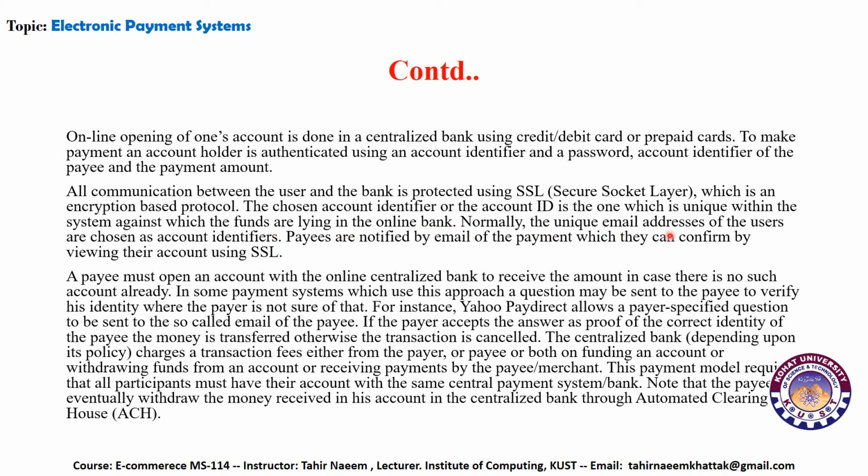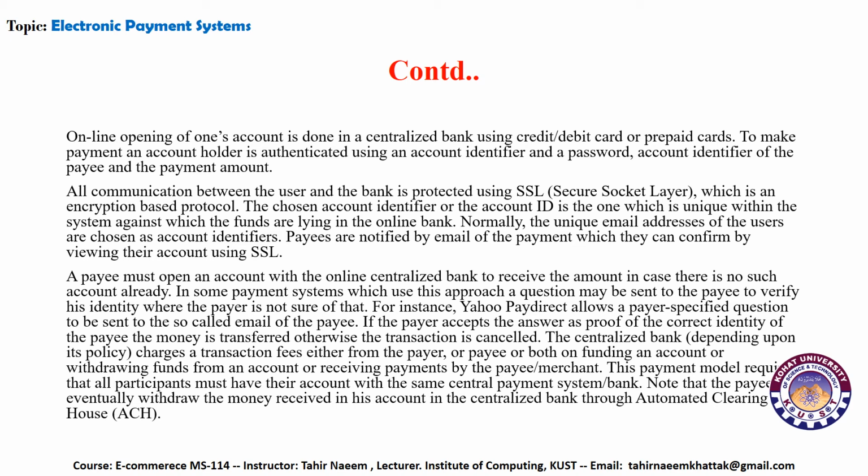Normally the unique email address of the user is chosen as the account identifier. Payers are notified by email of the payment, which they can confirm by viewing their account using SSL. A PE must open an account in the online centralized bank to receive the amount, in case there is no such account already.